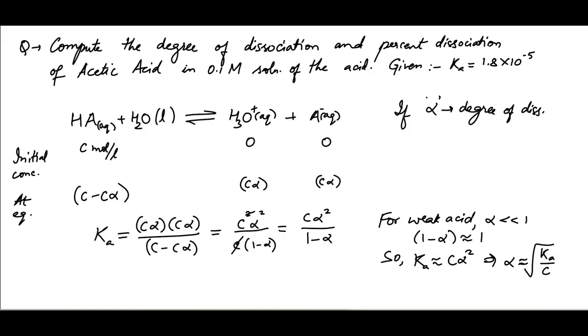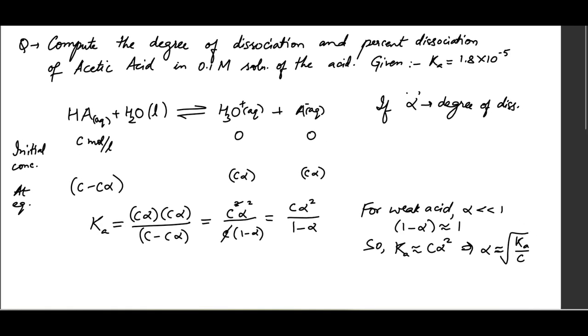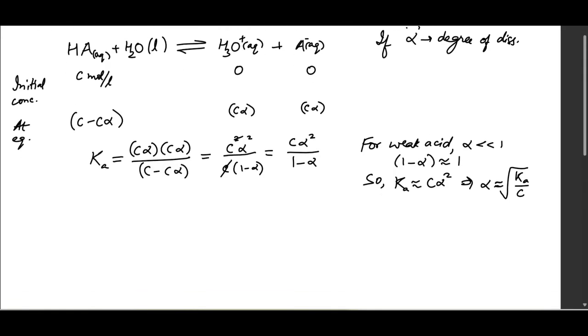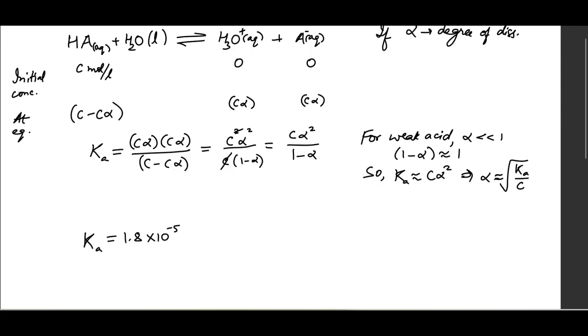Using this concept, we will solve the numerical. Here HA is nothing but CH3COOH. So Ka for CH3COOH in our case is given as 1.8 into 10 raised to minus 5, as given in the question.